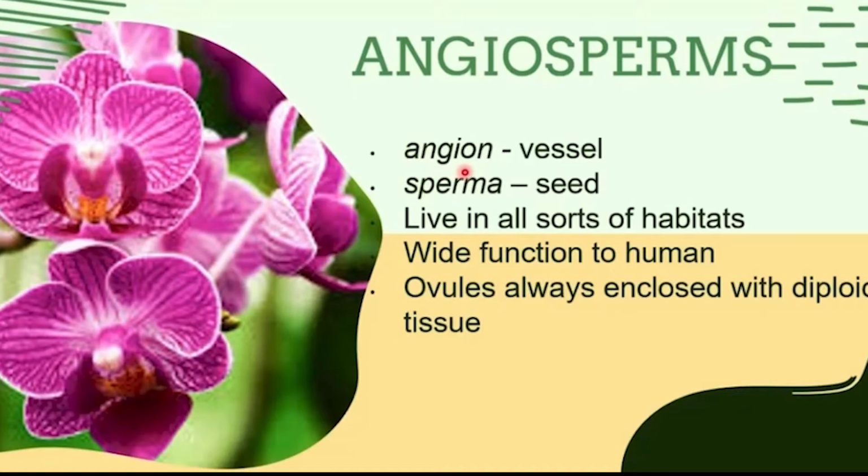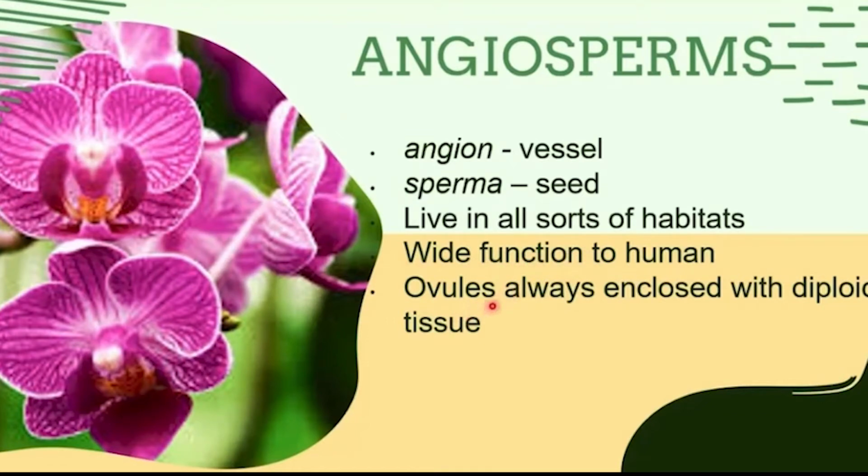Angiosperm is commonly known as flowering plant, and it comes from two words, angion, which means vessel, and sperma, which means seed. Angiosperms can live in all sorts of habitats from water to desert, such as cactus. The importance of angiosperms in human life is very wide.